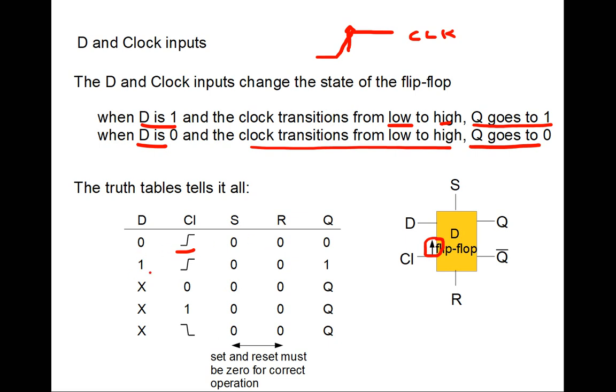Conversely, when D is 1 and the clock rises, then we will set Q equal to 1. We ignore D when the clock is at 0. We ignore D when the clock is at 1. On the falling edge of the clock, we also ignore D. So the only time we are sensitive to D is during the rising edge of the clock.